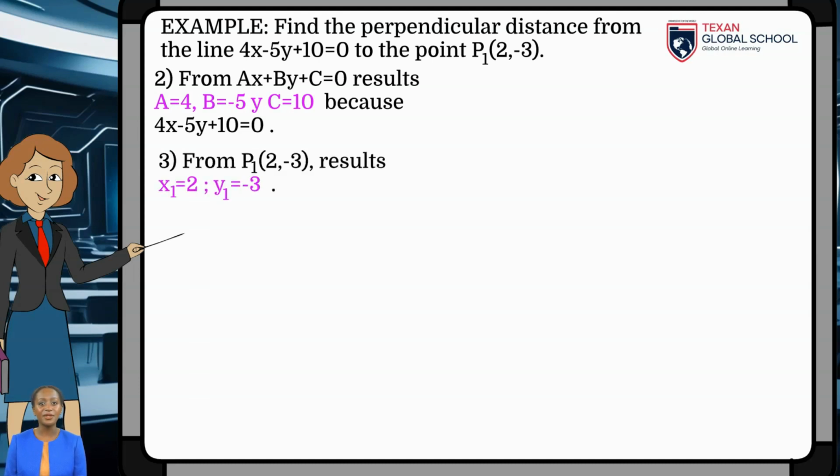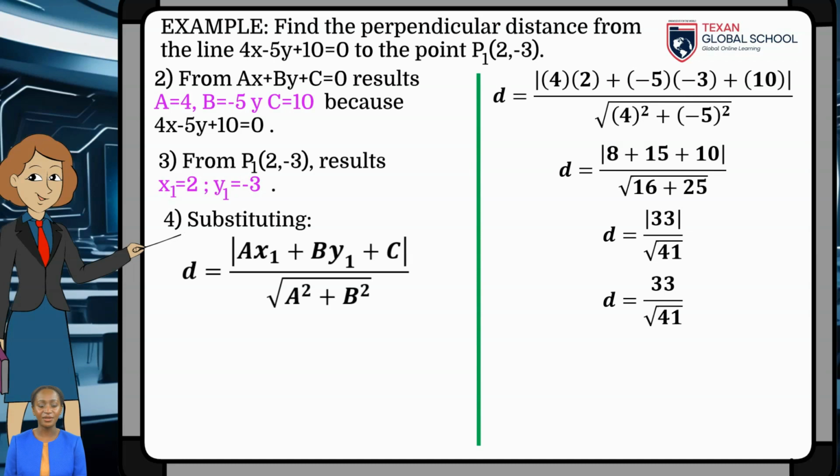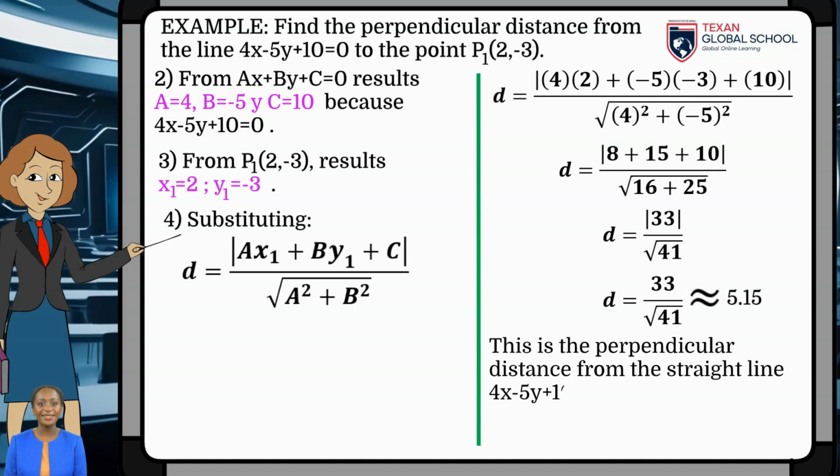And from the given point it results that x1 is equal to 2, and y1 is equal to -3. Substituting those values into the formula to obtain the distance from a line to a point results in a distance of 33 over the square root of 41, approximately 5.15.